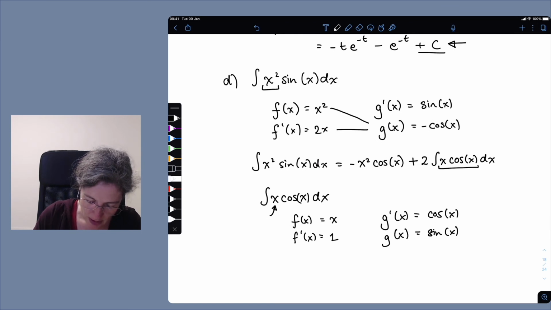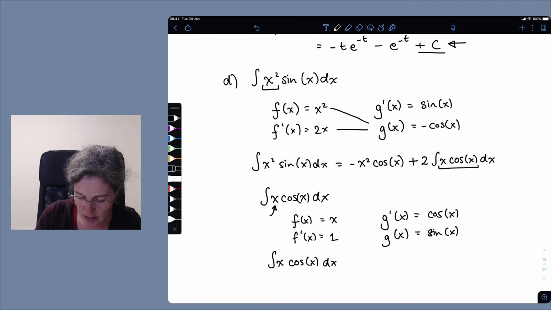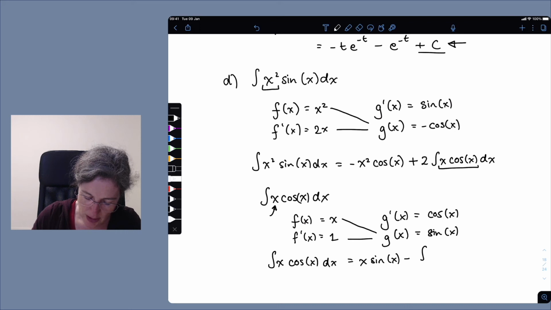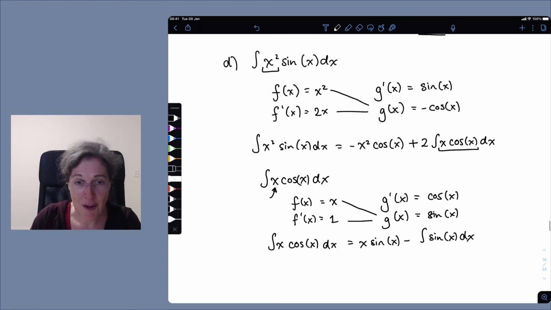All right, so this integral here, x cosine of x dx, is going to be equal to f of x times g of x, so that's x sine of x, minus the integral of f prime of x times g of x, so minus the integral of sine of x dx. And now you see, yay, we've got something we can integrate simply.